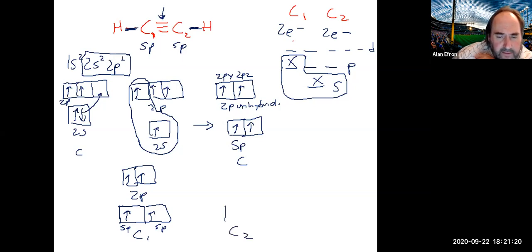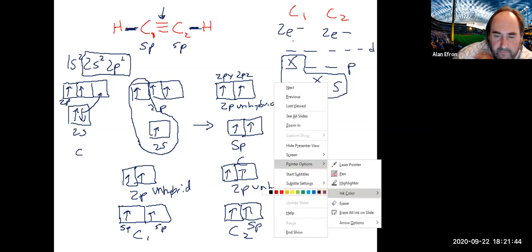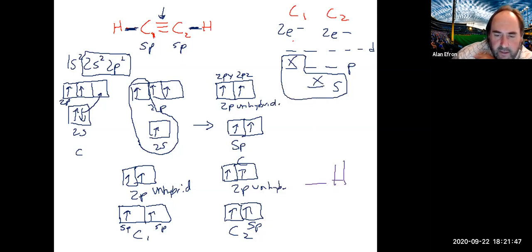It will have its 2 sp orbitals and its 2 unhybridized 2p orbitals. And again, if we just sort of count up everything, we basically have 1 hydrogen on each side going to make a bond. So we have a hydrogen over here, which is an electron, which is 1s, and we got a hydrogen over here with a 1s electron.